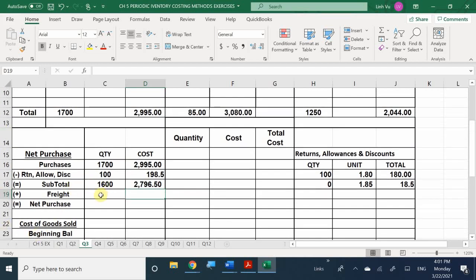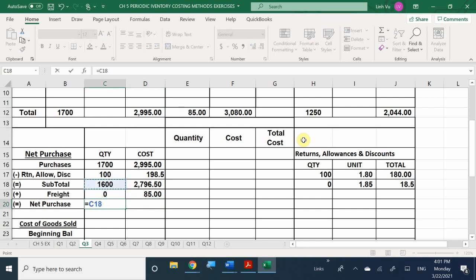Now next we've got to add our freight. Once again, freight doesn't affect quantity, but it does affect the total cost. So we're going to add our 85 because now we've got to spread that freight across. Here we have 1,600 plus 0, bringing me 1,600. And now we have 2,796.50 plus my 85.